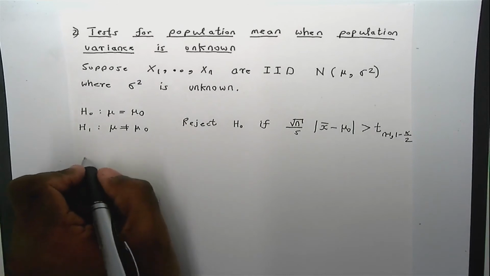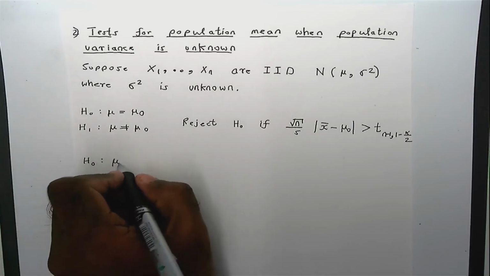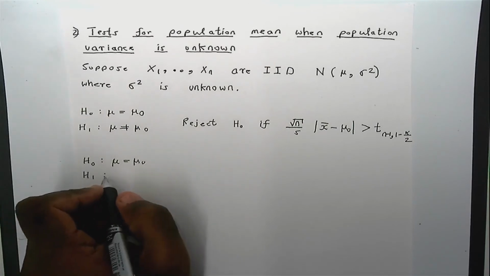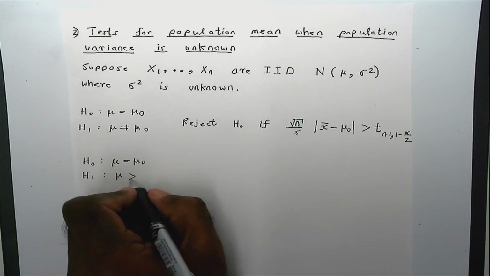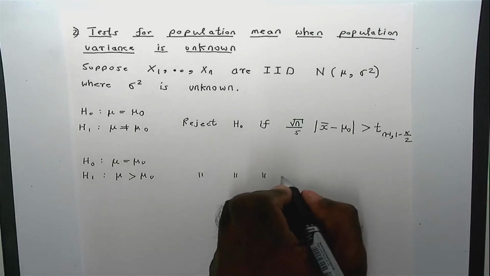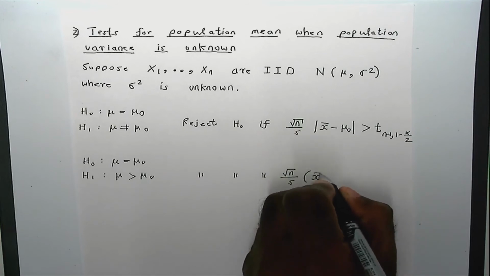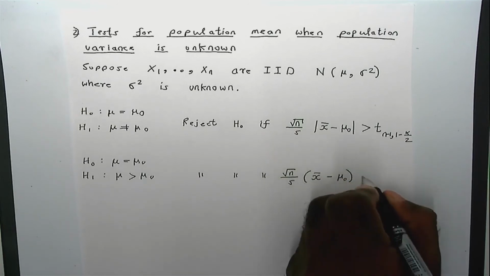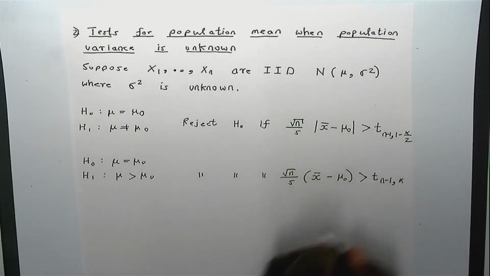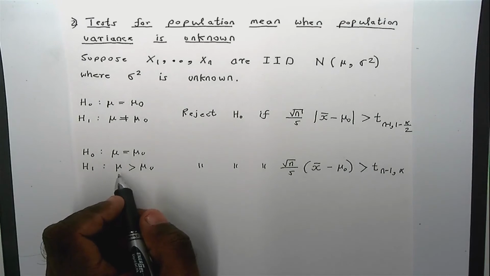All right, so that's for the first set of hypotheses. For the second, this is the rule for the second set of hypotheses, where the alternative is that the population mean is greater.